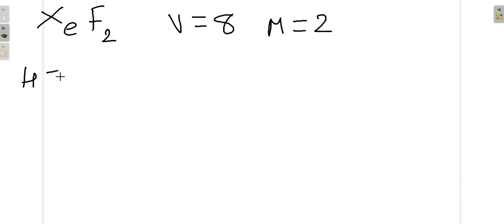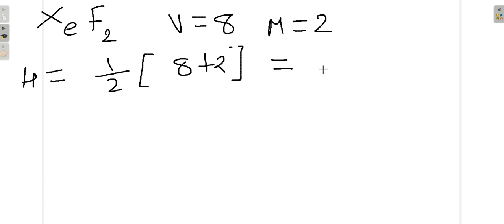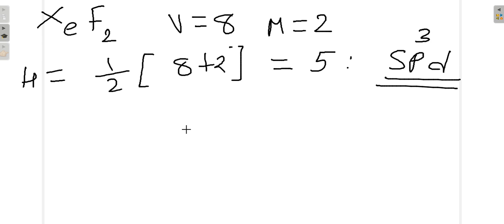The index of hybridization will be given by half of 5. Again it will be sp3d. But now look at the number of lone pairs. The number of lone pairs is 5 minus number of monovalent atoms, 2. It will be 3 lone pairs.